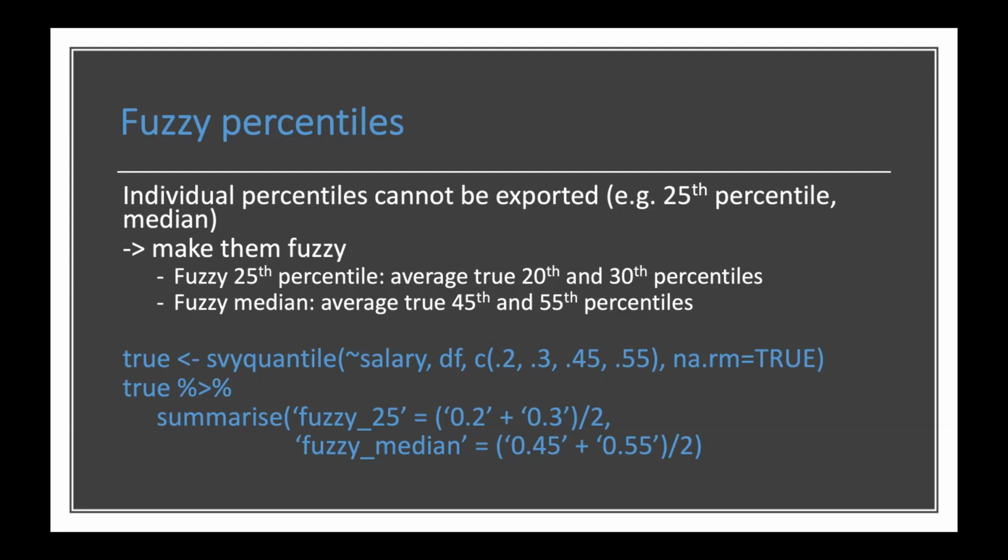And so we save what the true percentiles were. So we calculate the true 20th, true 30th, true 45th, and true 50th percentiles. And then from there, we can create the fuzzy 25th and fuzzy medians.